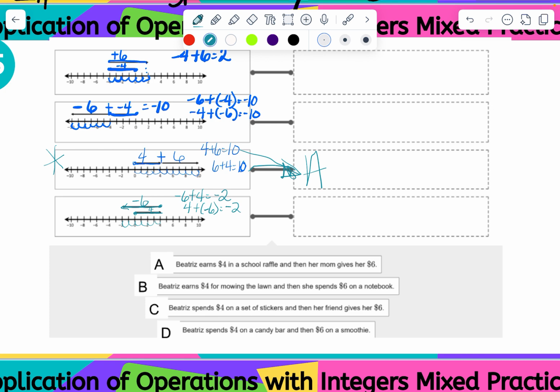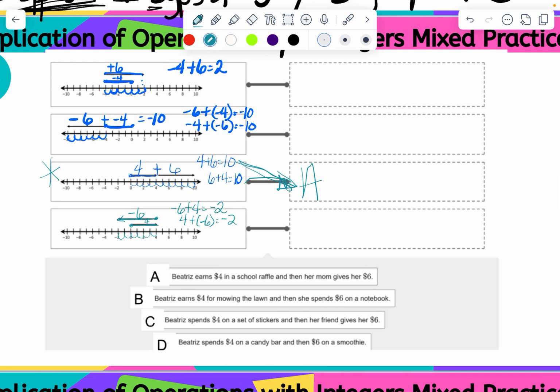For this model shows Beatrice earns $4 for mowing the lawn, then she spends $6 on a smoothie. So now we need a positive 4. This one was a positive 4 and then a positive 6. Now we're getting a positive 4, but we're putting a negative 6 with it. So she gets money first.